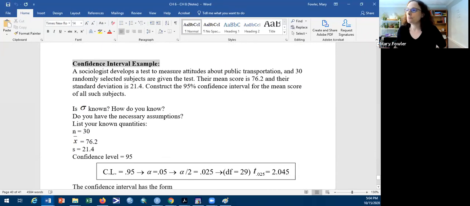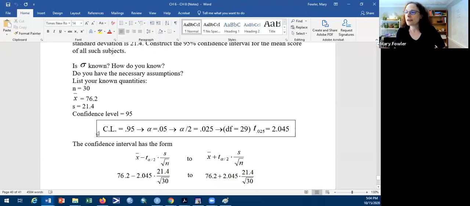So this problem, the sociologist had 30 randomly selected subjects, so the sample size is 30. The sample mean is 76.2, and the sample standard deviation is 21.4. We are asked to find the 95% confidence interval.